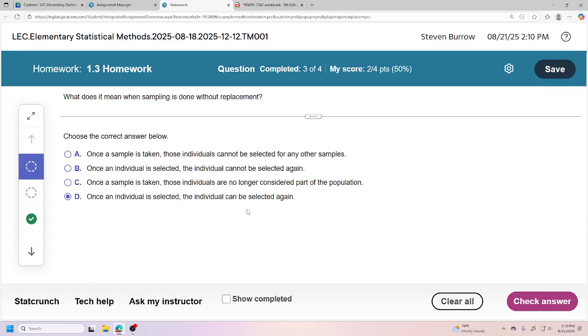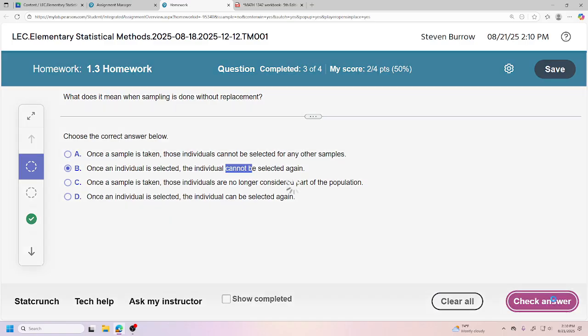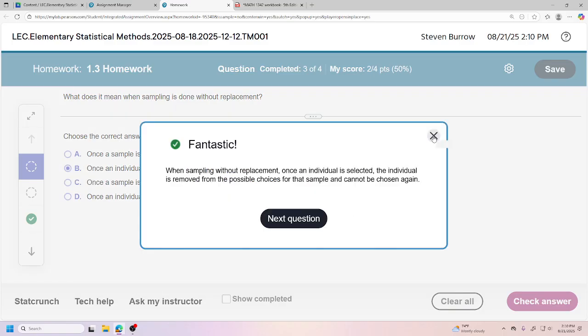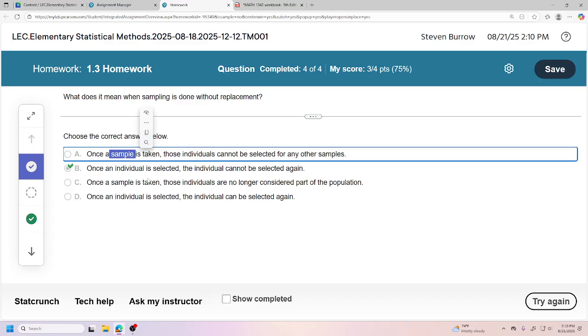Right. So would it be B then? Once an individual is selected, the individual cannot be selected again, right? That's the without replacement. Cool. I think that they're talking about a sample, which means a whole bunch of people, not just one person. So like you take the whole class and ask, and then you dump the whole class out and try again. Yeah, I think that's what they're trying to say.